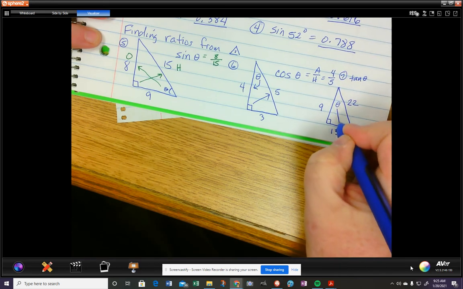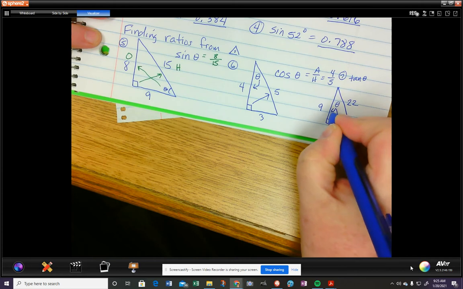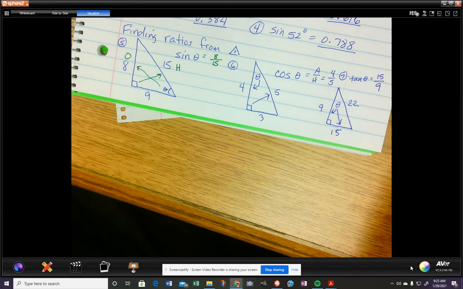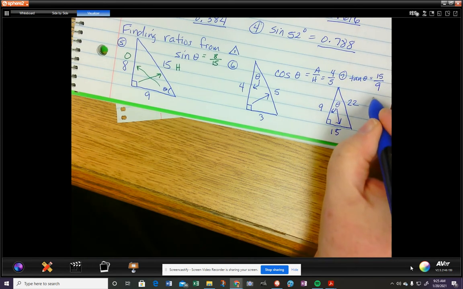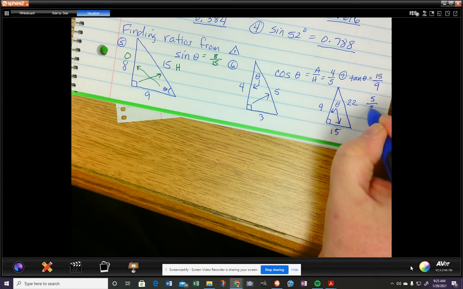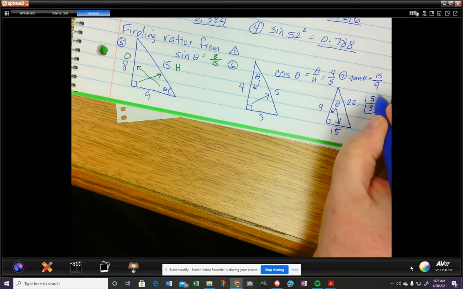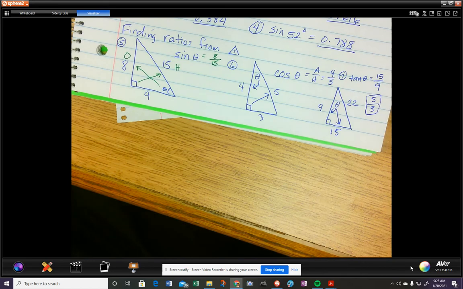Tangent is opposite over adjacent. So 15 over 9. That one is reducible, so that would be 5 over 3. And this would be your answer. Okay? Easy peasy lemon squeezy. If you need help, let me know.